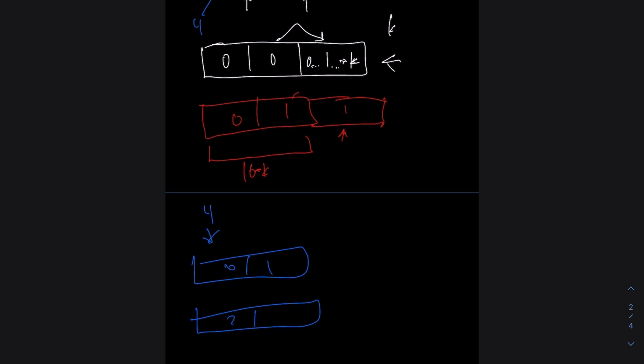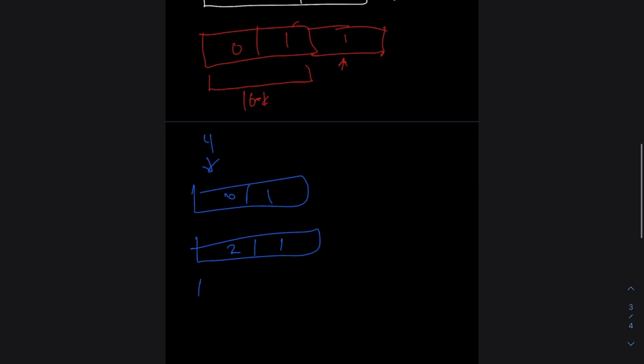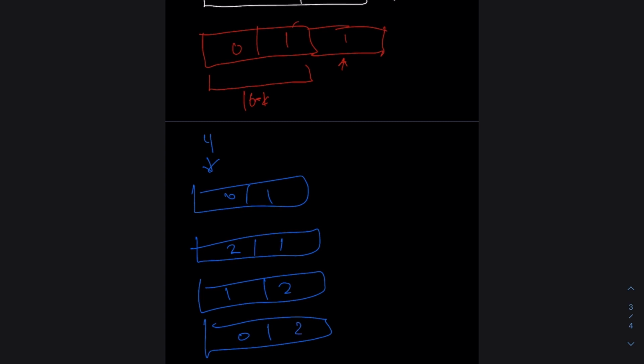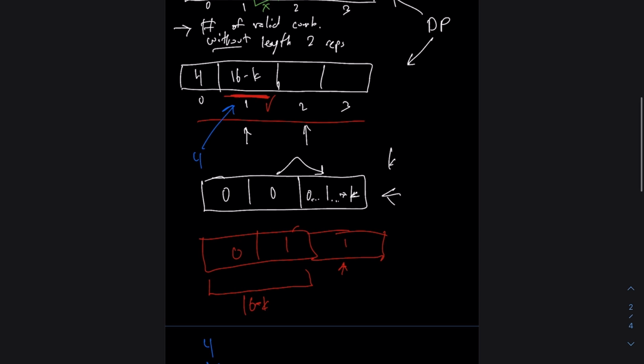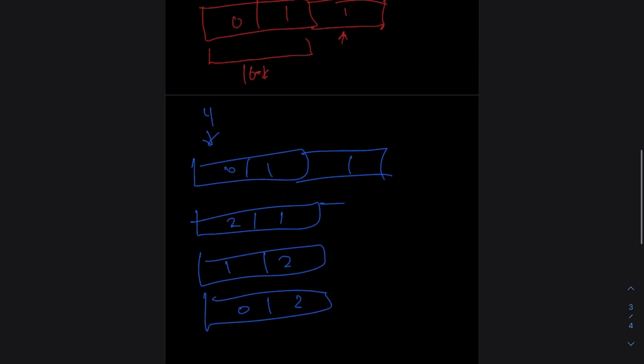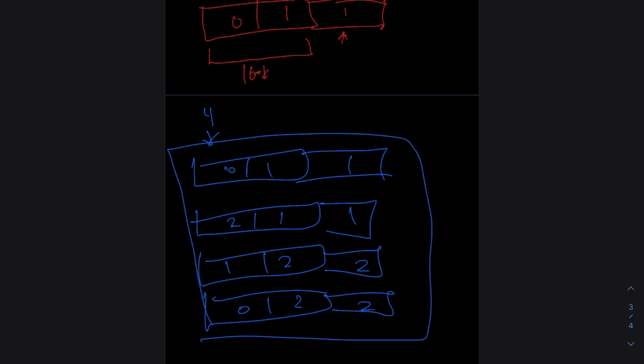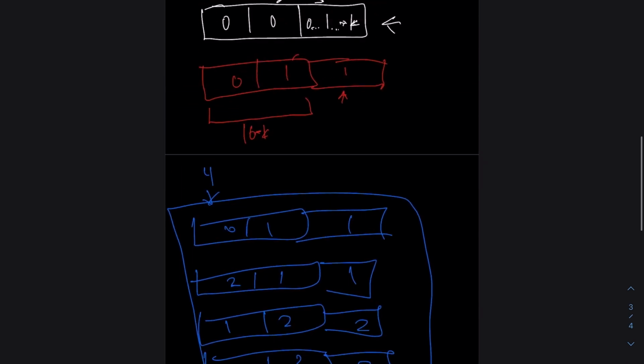So it might be 2, 1, 1, 2, and 0, 2. This next number has to be 1 for it to fit the condition of length 2 repetition at the end. And this has to be 1. This has to be 2. This has to be 2. So how many combinations does it end up with? It's just the same amount.